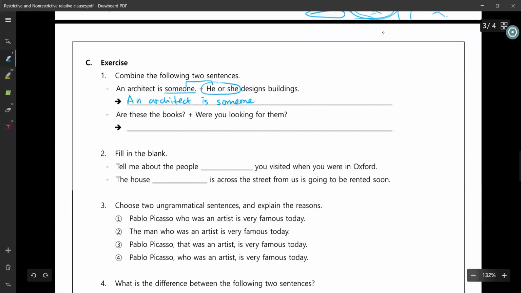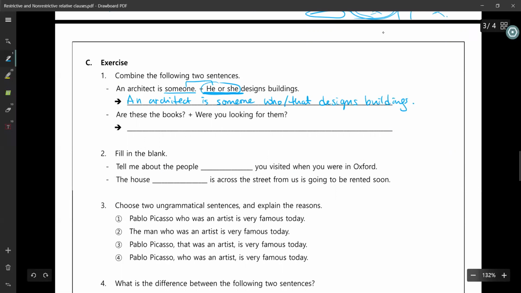Now we know that this is 주어 position, subject position, so we're going to use subject pronoun, who or that designs buildings. Do you understand why I could use the word that?